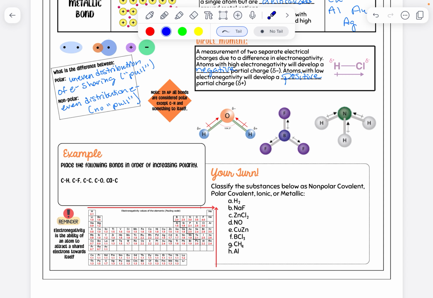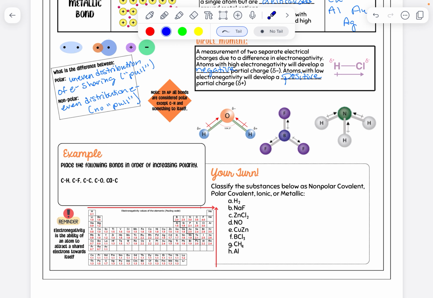And there's a couple more examples here for you to see. Boron trifluoride is a good example because here fluorine is more electronegative. So actually the electrons are being pulled away from that central atom, and the central atom is more positive.